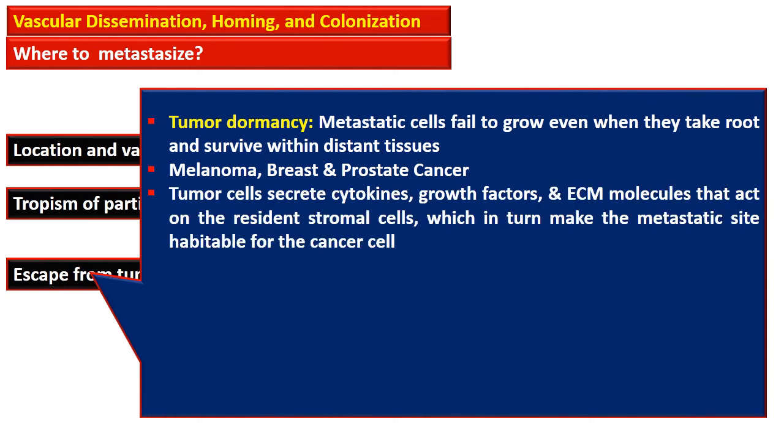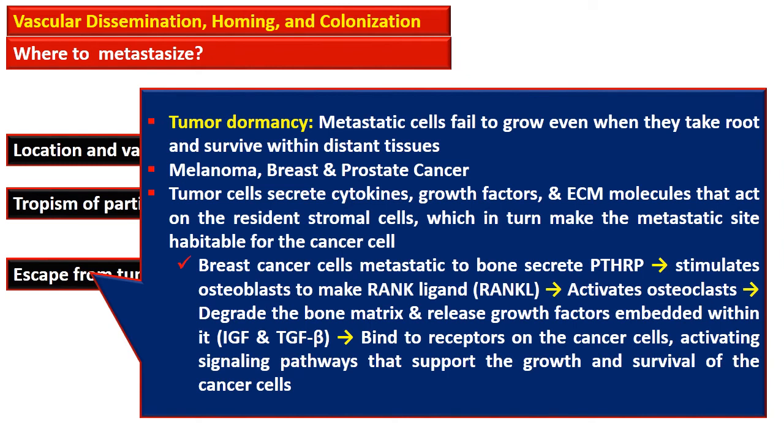In these instances the tumor cell secretes cytokines, growth factors and extracellular matrix molecules that act on the resident stromal cells, and these resident stromal cells in turn make the metastatic site habitable for the cancer cell.